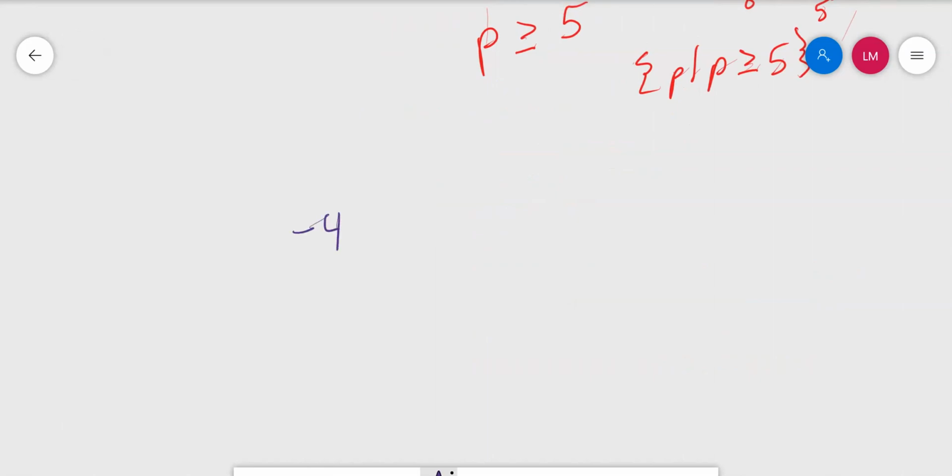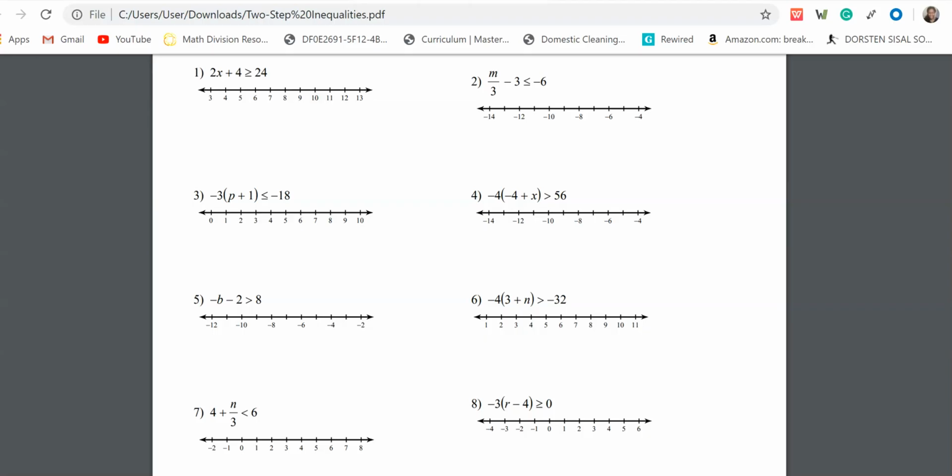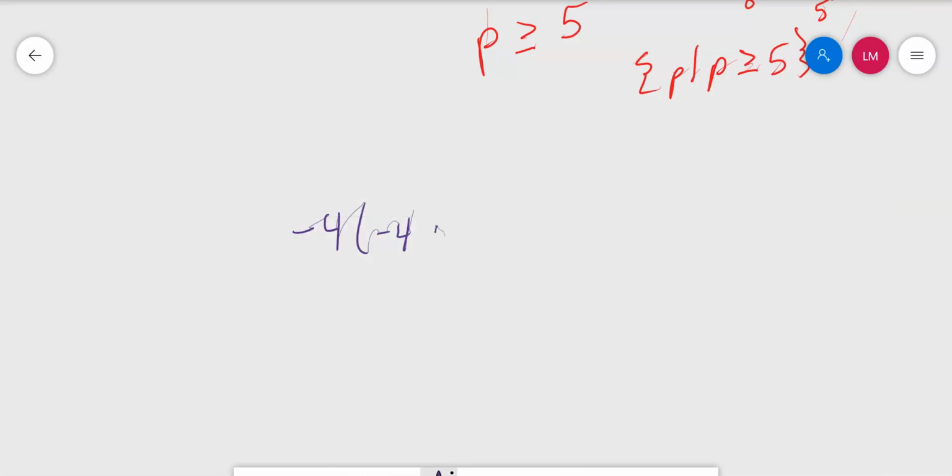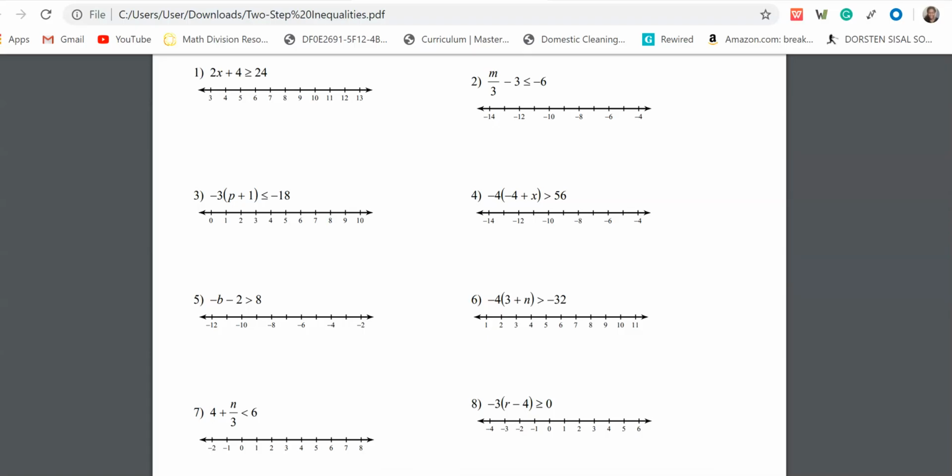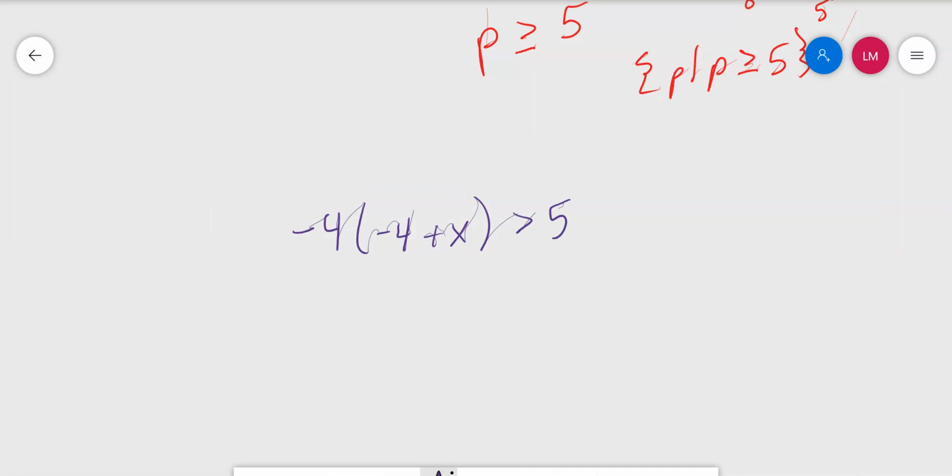So -4, open parentheses, -4 plus x. I think it was greater than -56, right? Yep, +56. Okay, so my pen goes in and out of being kind of messy, and then it straightens out. I don't know. So this is a -4 and a -4.